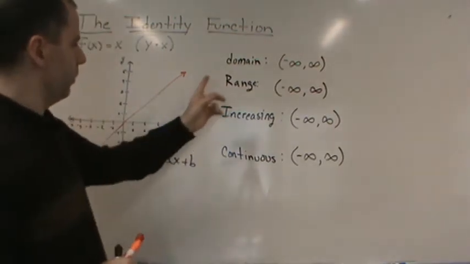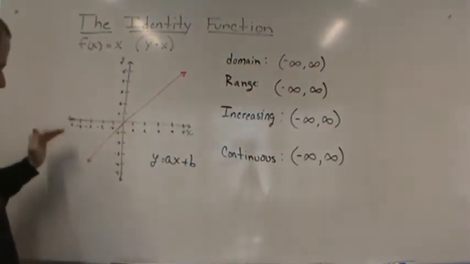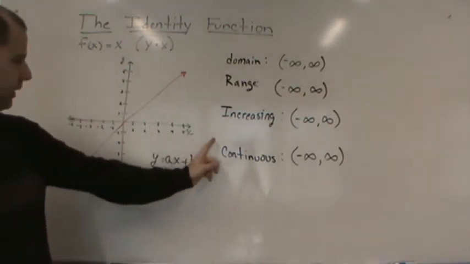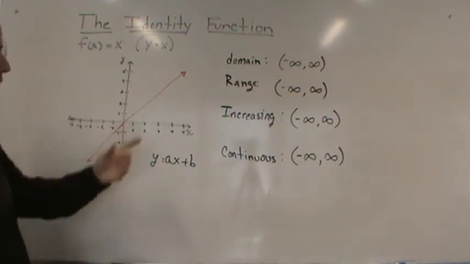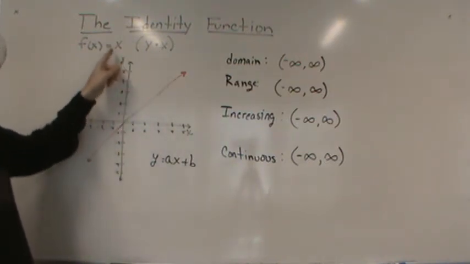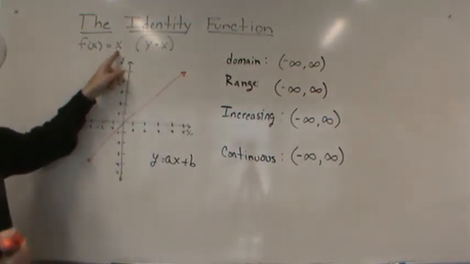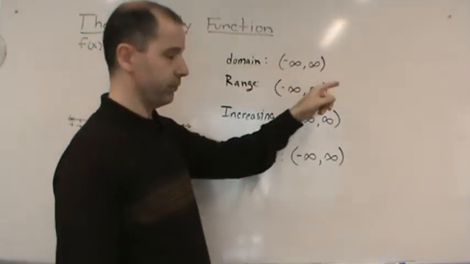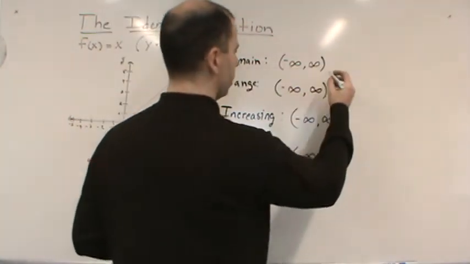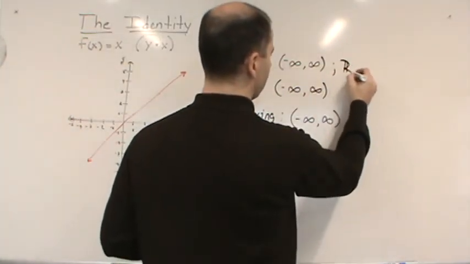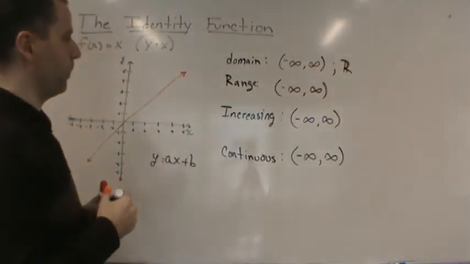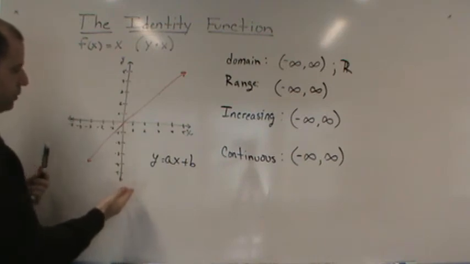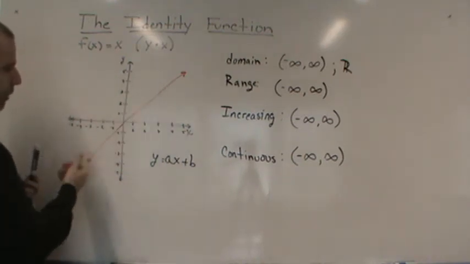The domain: if you look at it, the whole domain is the x-axis, so there's no x value that I can't put into here. There are no restrictions, and you can see that from the function. I can put in any real number, so the domain is all real numbers, or you could write the boldface R. The range: if you go up and down the y-axis, there are no values of y that don't come out of this function.